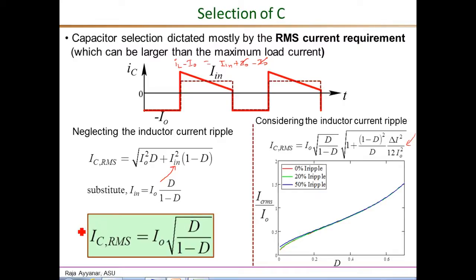So we can certainly use this approximation for the RMS current determination. We can also see from this plot that for D higher than 0.5, beyond this point, the RMS current value is larger than the load current itself.